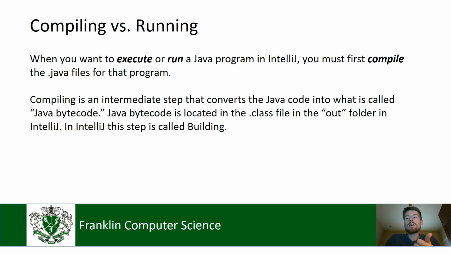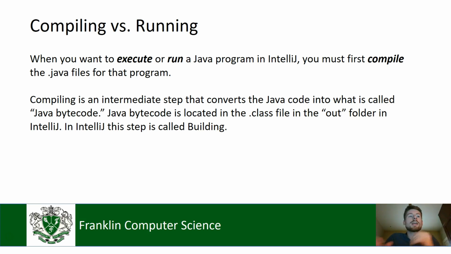Now Java bytecode is pretty unintelligible. You can't read it as a human. Maybe some people can, but it just looks like gibberish. But the computer can understand this and execute instructions based off of the bytecode in the .class file.